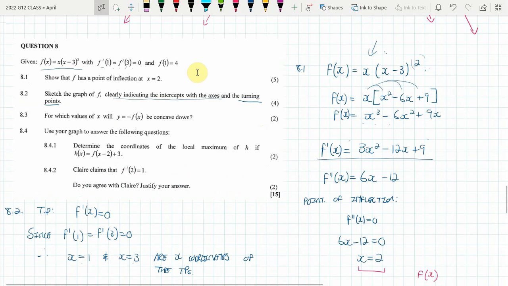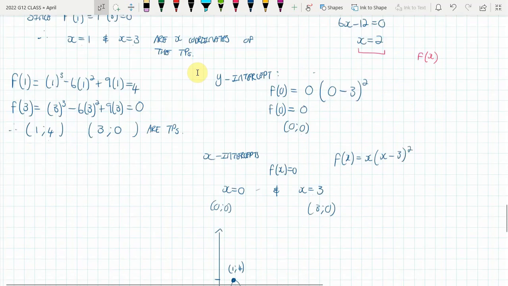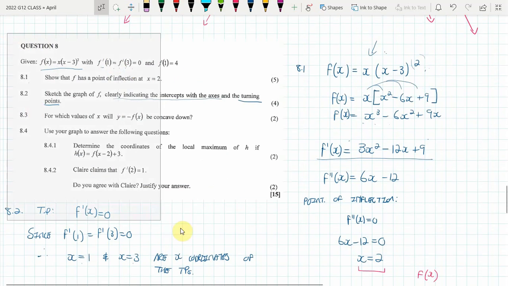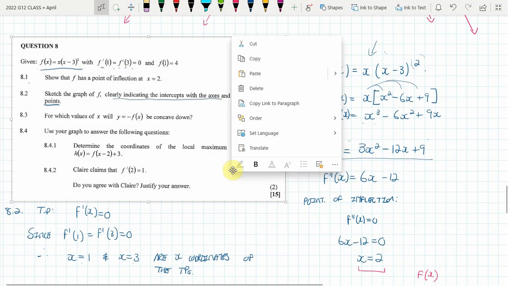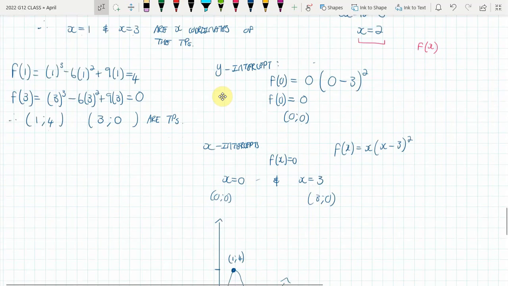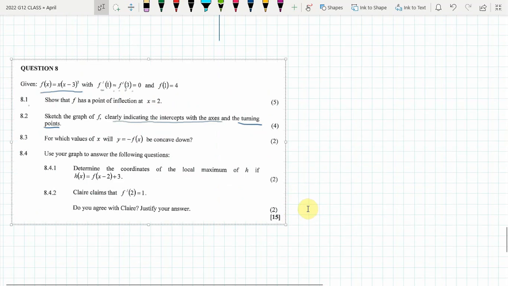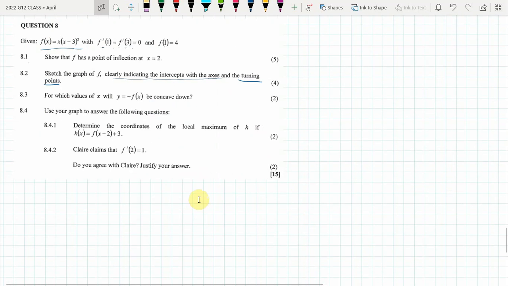Now 8.3. I think we need a copy now. For 8.3, they want to know for which values of x will y equals negative f of x be concave down.